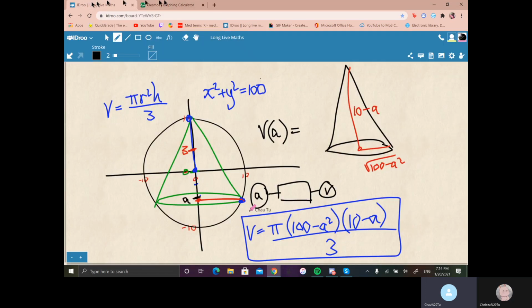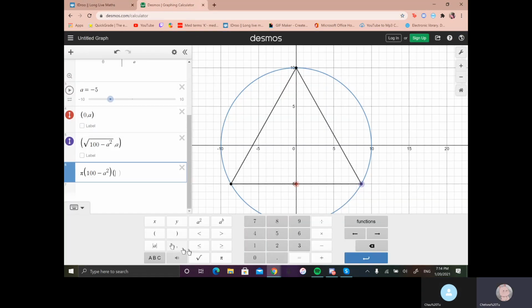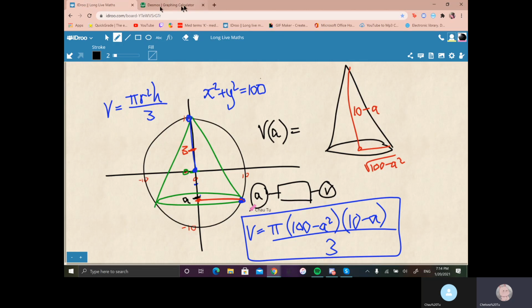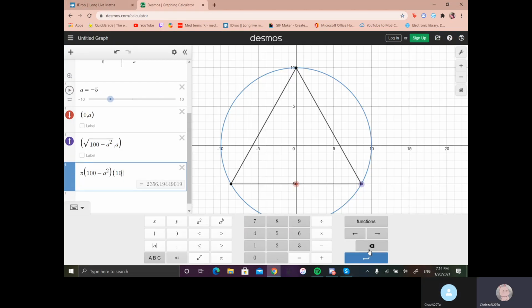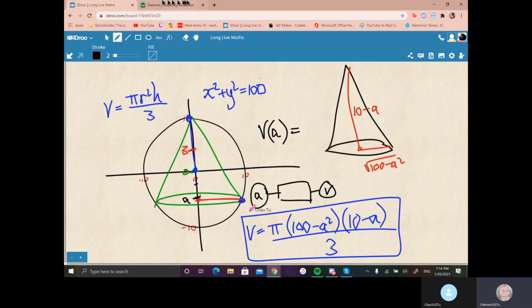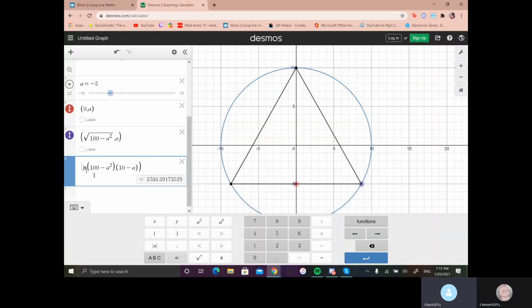It's got to be within the range. Don't forget to divide it by 3.